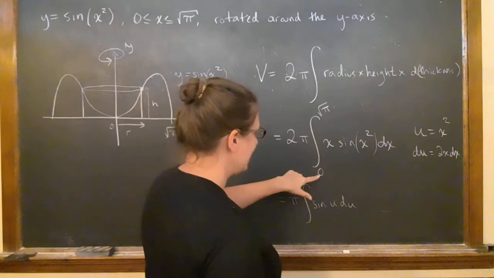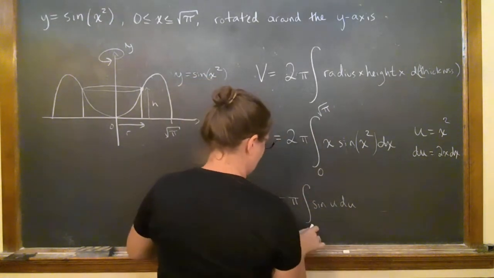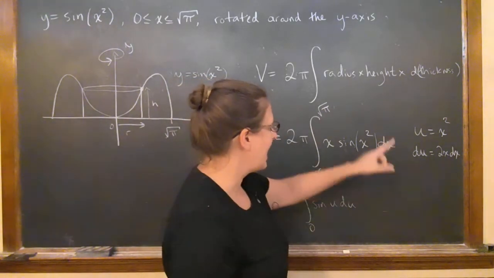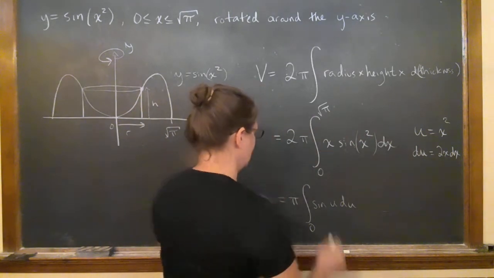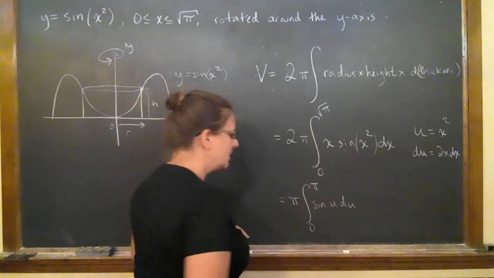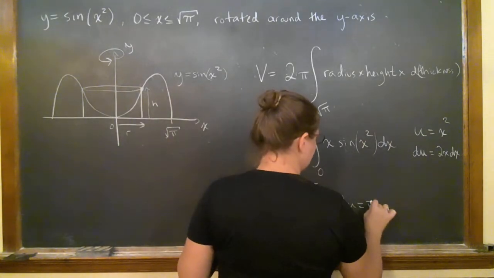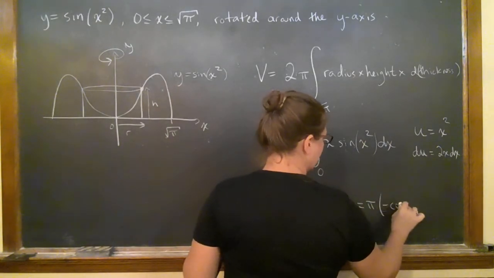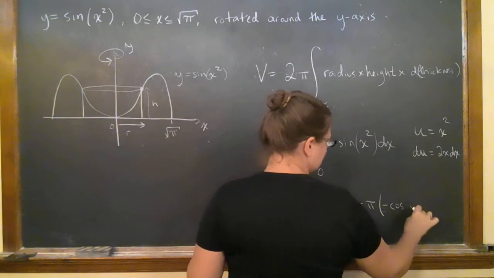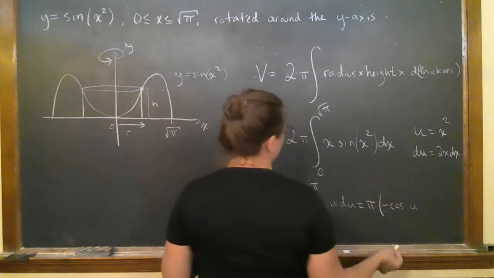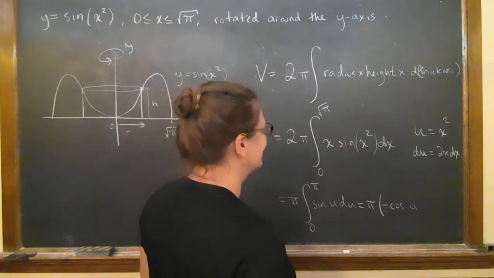Now, when x is 0, u is 0. When x is root pi, u is going to be pi. So then I take my integral. The integral of sine is negative cosine.